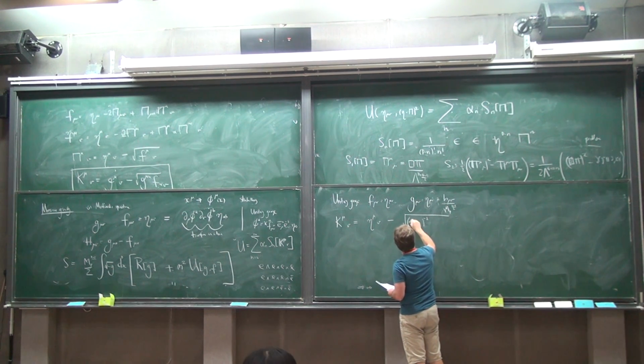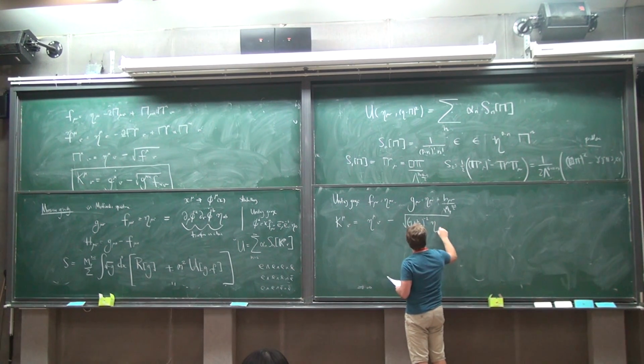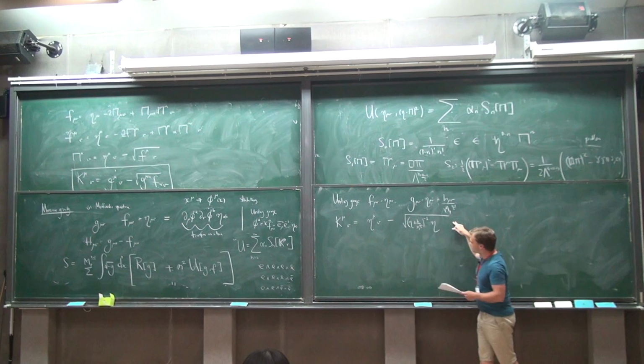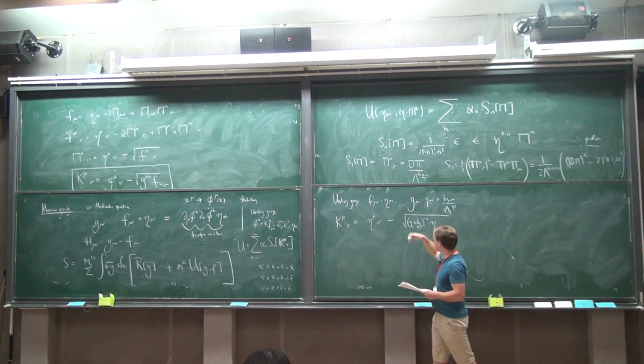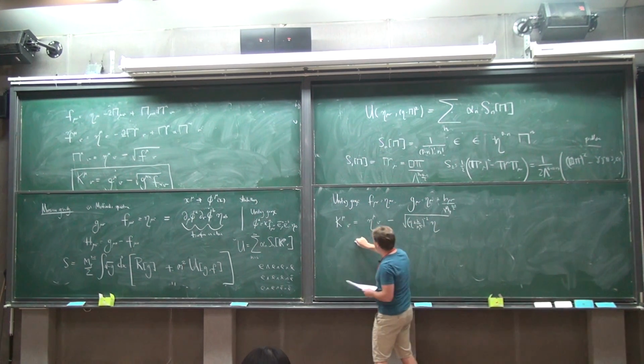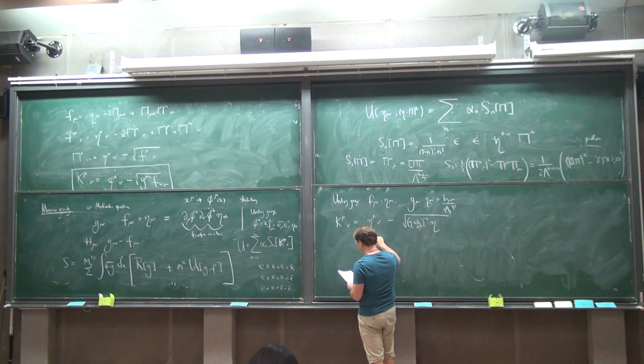So that's the inverse of eta plus h over lambda to the (d minus 2) over 2 times eta. And if you expand that out at lowest order in h, so we've got an inverse here, so you get a 1 minus h. The 1 cancels this 1, because eta up down is 1, and then you basically get a half. So this gives you at lowest order h mu nu over 2.